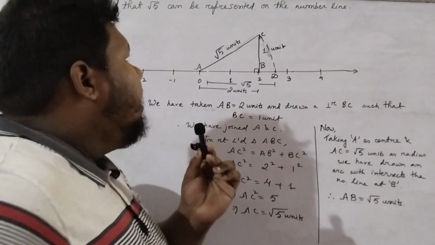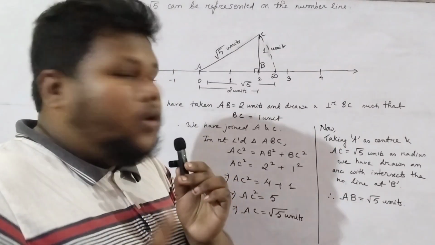So now we have represented root over 5 on the number line.